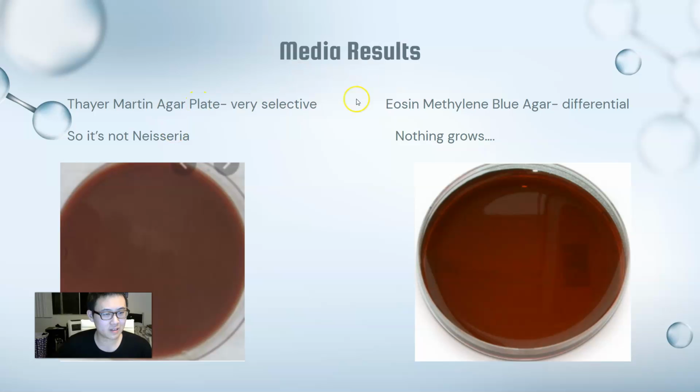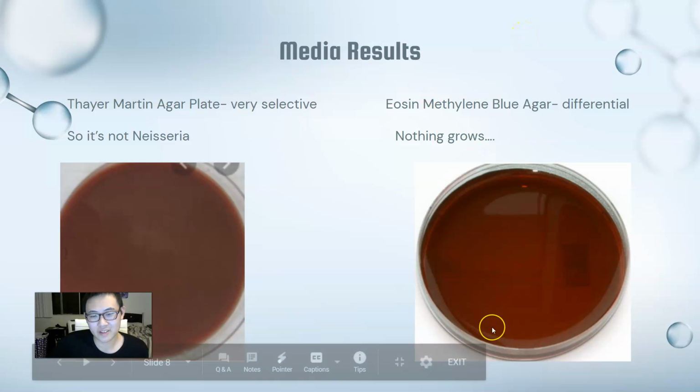Now for Thayer-Martin agar plate. We know it's very selective and it grows the pathogen Neisseria. And there's no growth, so we can eliminate Neisseria as a possibility. For eosin methylene blue agar, it's a differential media and inhibits the growth of most gram-positive bacteria.